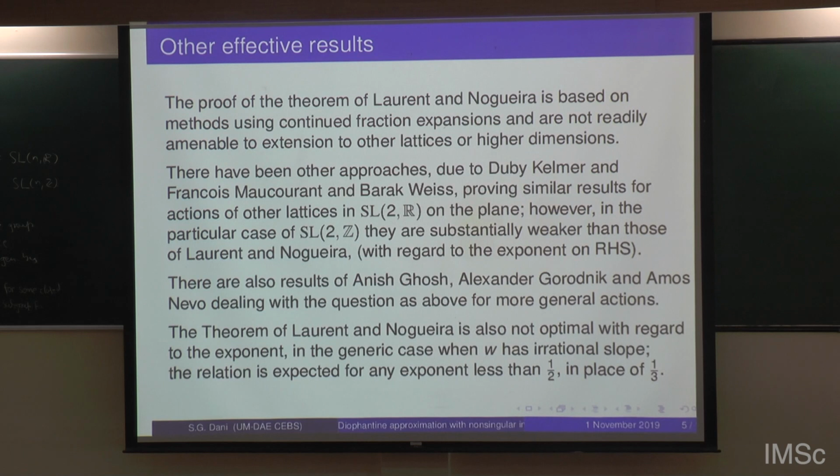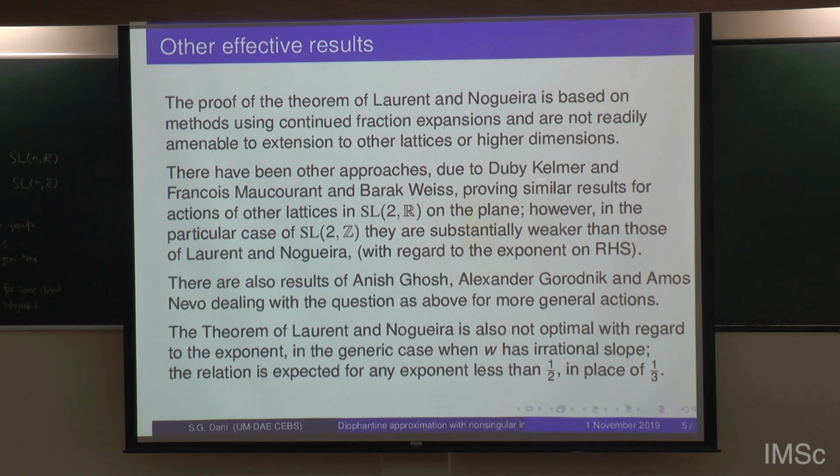The main result that I am going to talk about is in that connection, but before that let me also mention some developments that have taken place in parallel. There have also been other approaches.